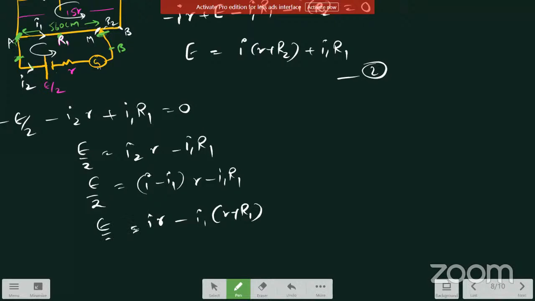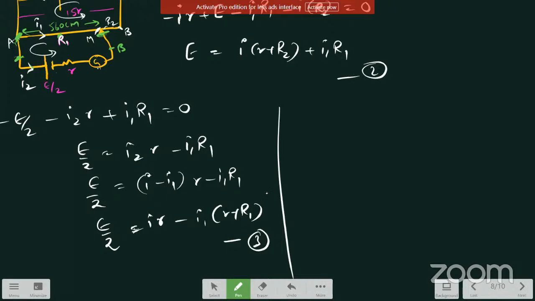And this is E by 2. What I have to find? I have to find I1. Oh, sorry, I have to find I2. No problem, it will be easily solved. So let me first find I1. See, this is equation 3.